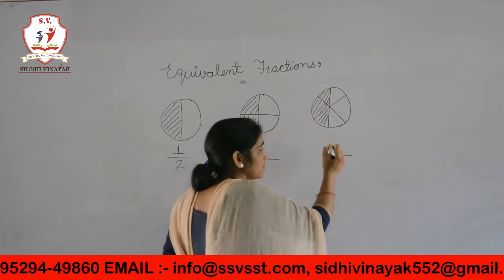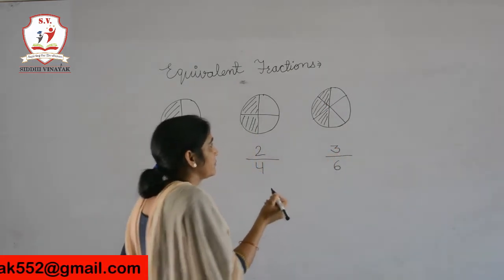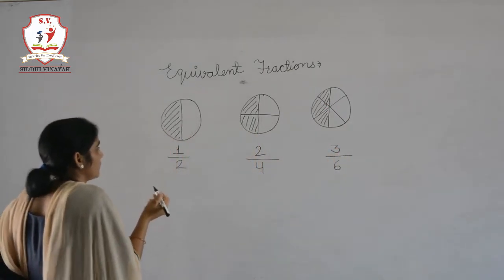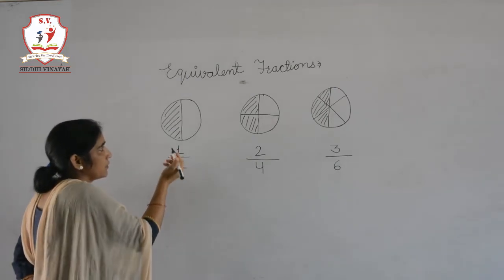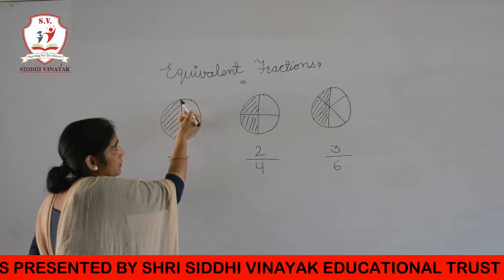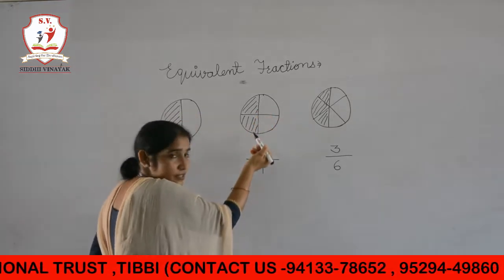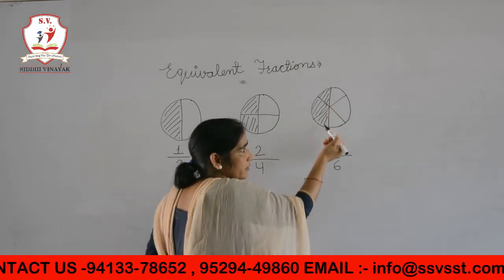Shaded part is 3. 3 is our numerator. See in the circles, in the first, half is shaded, in the second, half is shaded, and in the third, half is shaded.